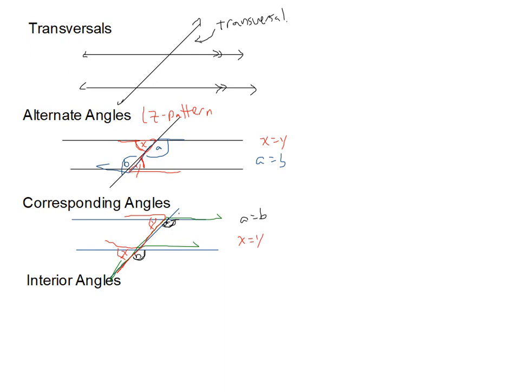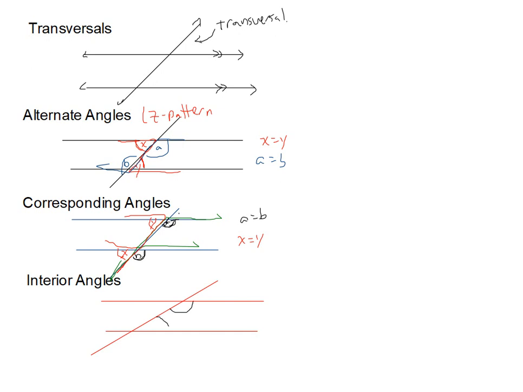The last theorem here before we get to a couple of examples is the interior angle. We'll grab a couple of parallel lines and draw in a transversal, and the interior angles are on the inside, meaning that they're between the two parallel lines. For example, this angle right here and this angle right here.